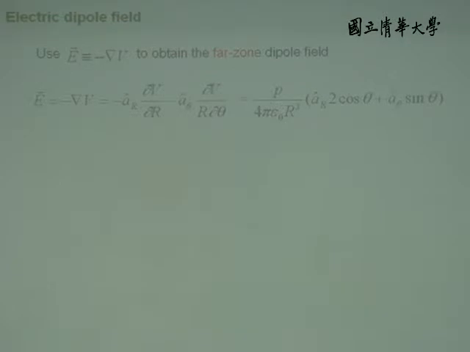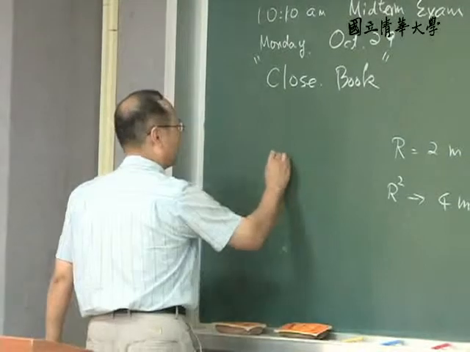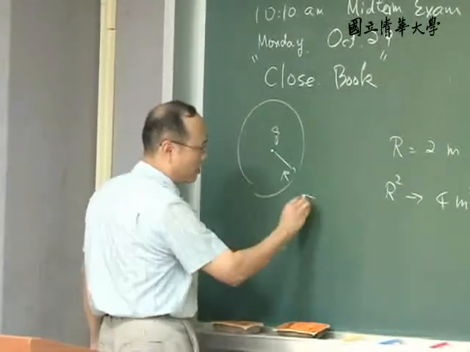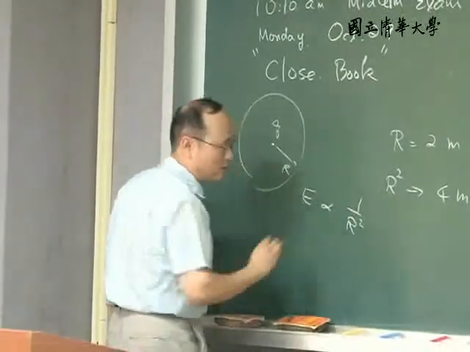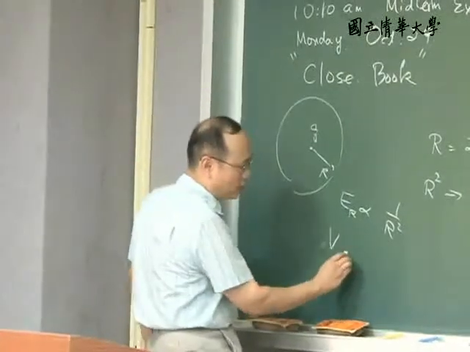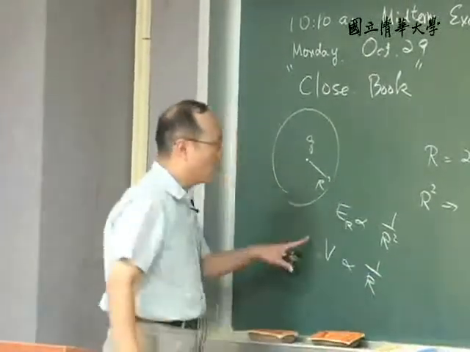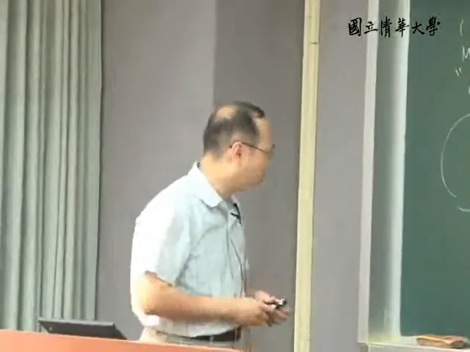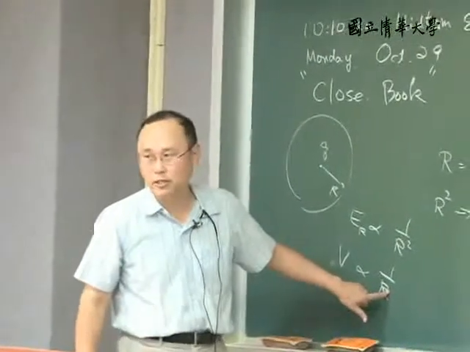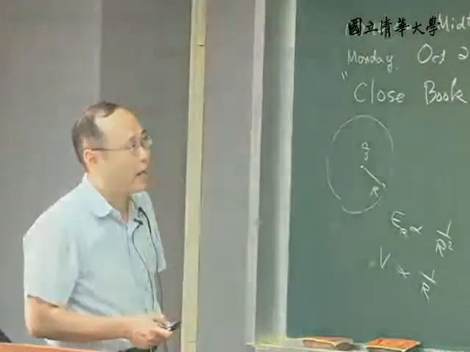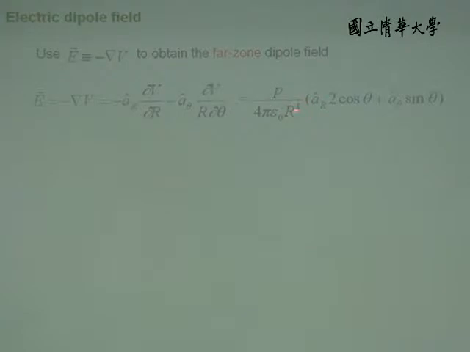And be careful that when we deal with the single charge, at distance of R, your electric field is proportional to 1 over R squared along R direction, right? And your electric potential is proportional to 1 over R. Now, when you deal with the electric dipole, you have R squared dependence right here, okay? And now you are seeing that for the electric dipole field in the far zone, when R is big, you have 1 over R cubed dependence right here.